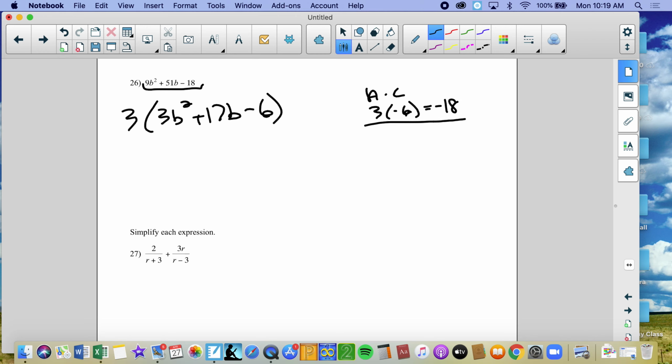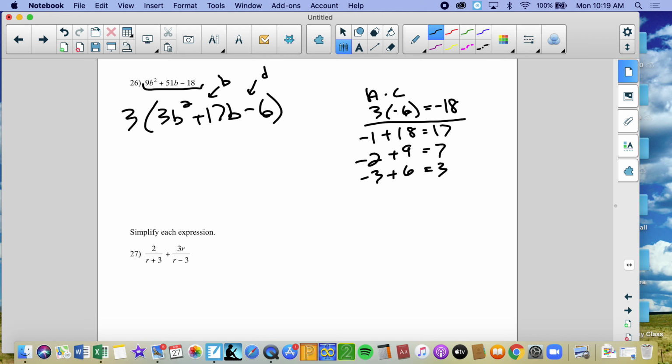The factors of -18 are 1 and 18, 2 and 9, 3 and 6, 4 no, 5 no, 6. We're around the horn. My signs are different. The bigger is positive. So positive, negative, positive, negative, positive, negative. 17, 7, and 3.